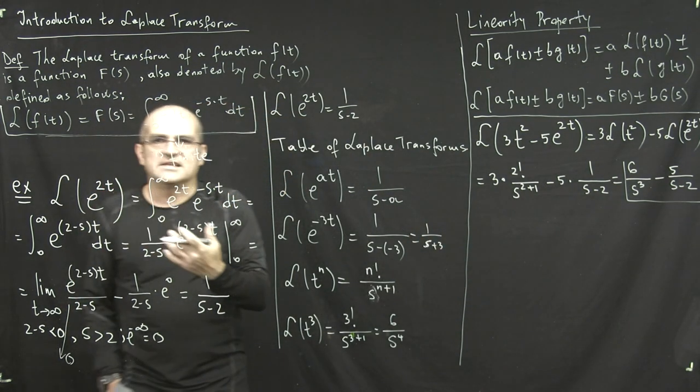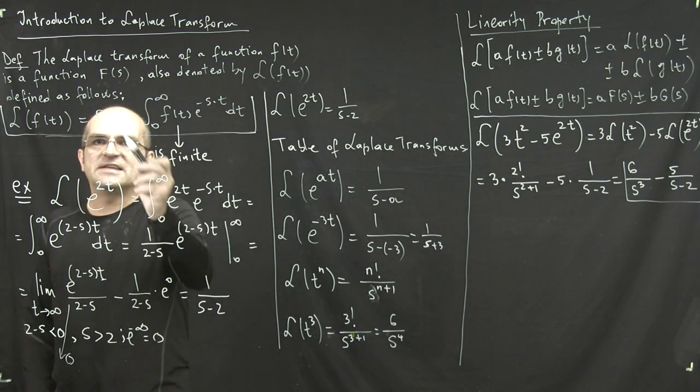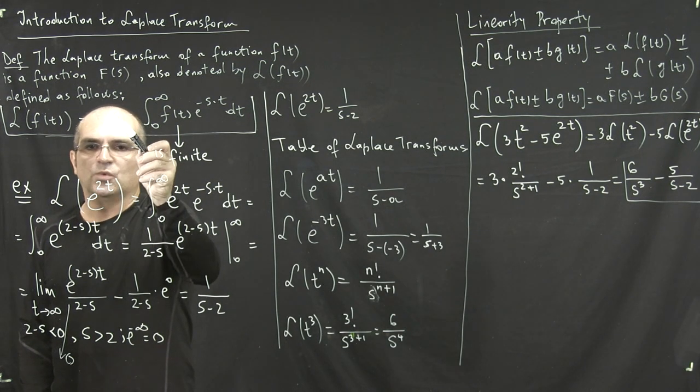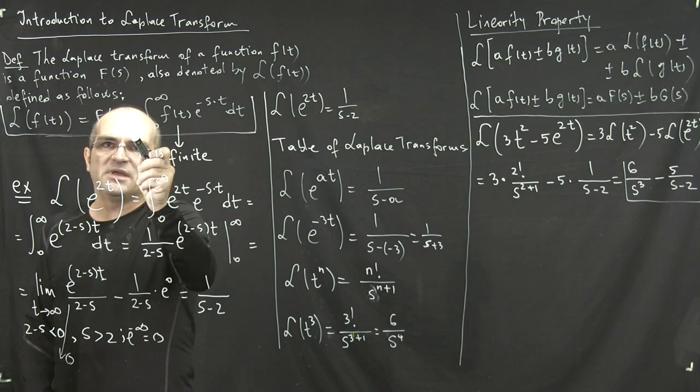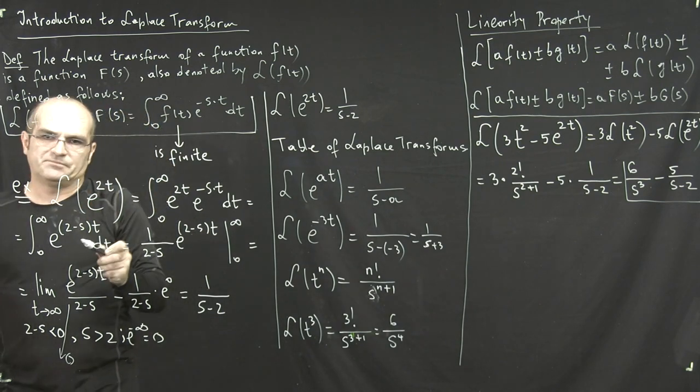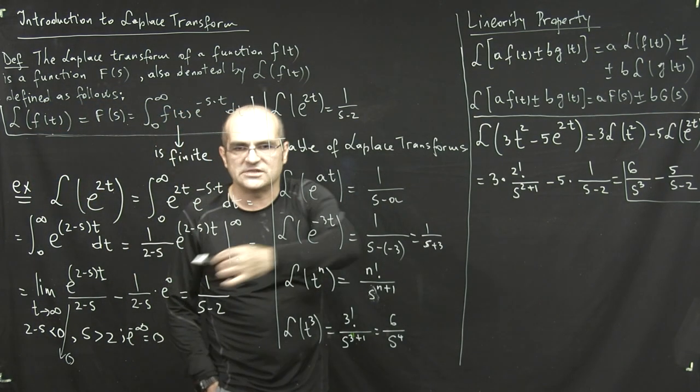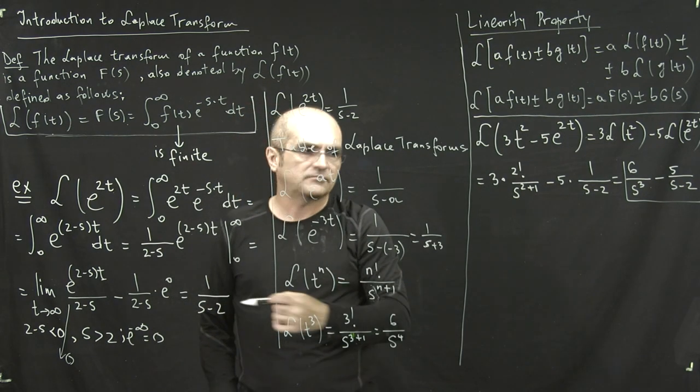So that's nothing fancy, it's just a matter of saying, if I start with a function in S, which is the Laplace transform of f of t, then I can go backwards from big F of s to little f of t. So this is going backwards, essentially taking the inverse Laplace.